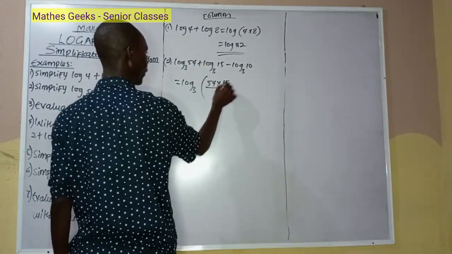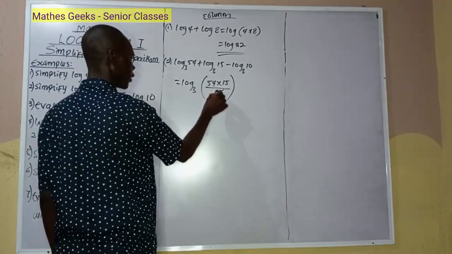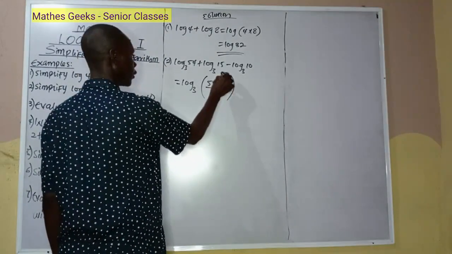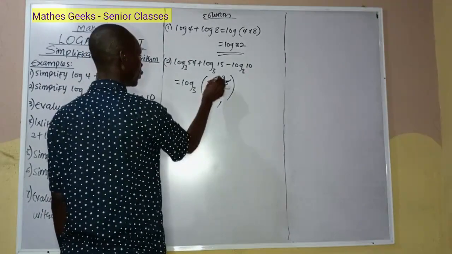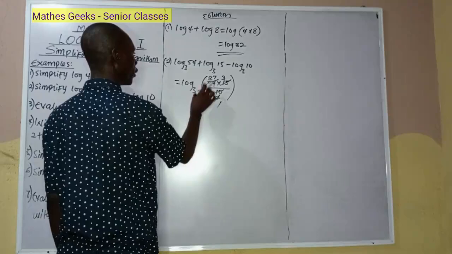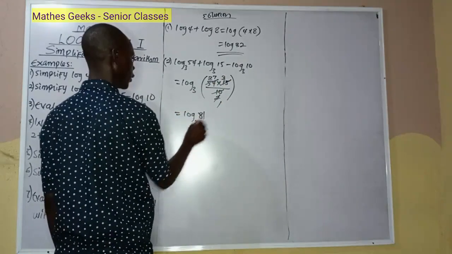So 5 into 10 gives 2, 5 into 15 is 3, and 2 into 2 is 1, 2 into 54 is 27, and 27 times 3 gives log 81 to the base 3.